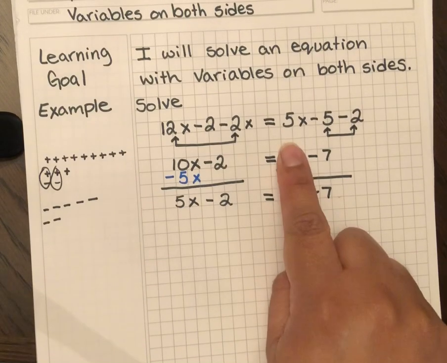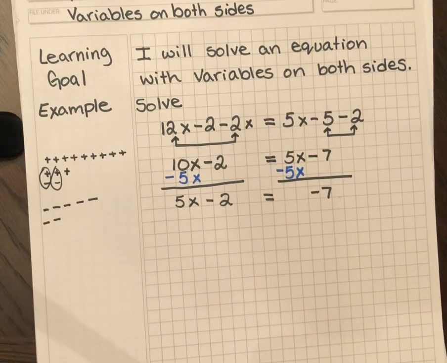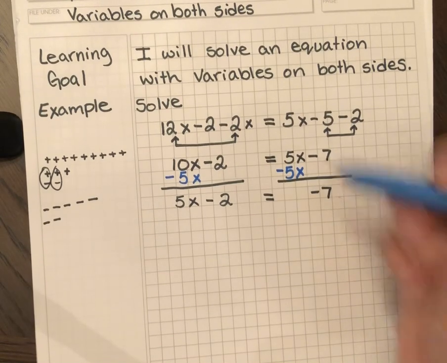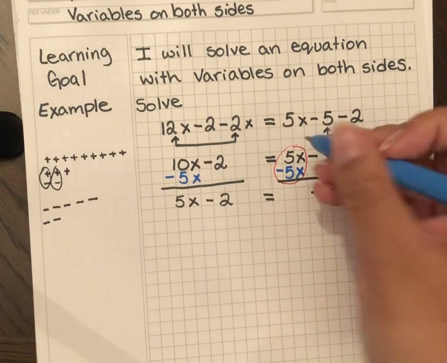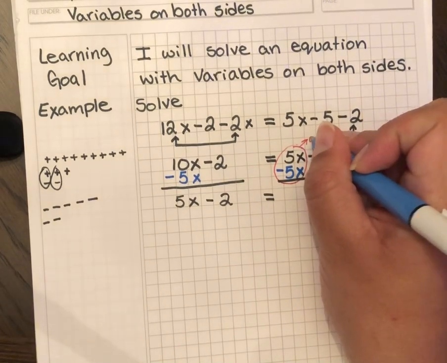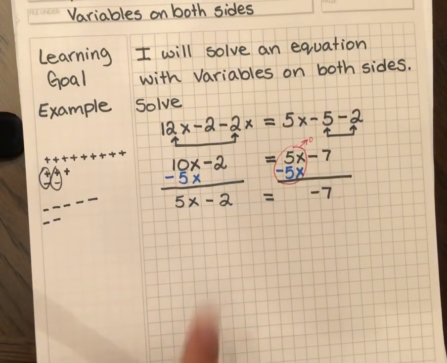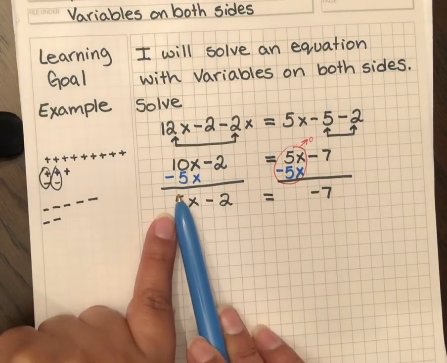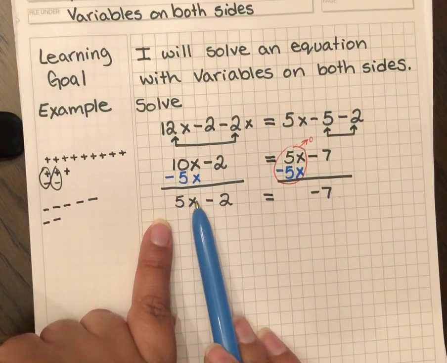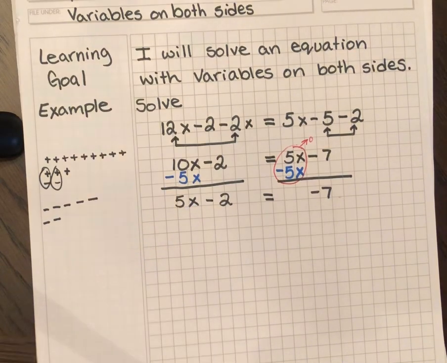Well, you might ask, what happened to these x's? These x's ended up making a 0 pair, so those are gone to the world of 0. Okay, now how do I get rid of these -2 units so I can get closer to getting my 5x's by themselves?